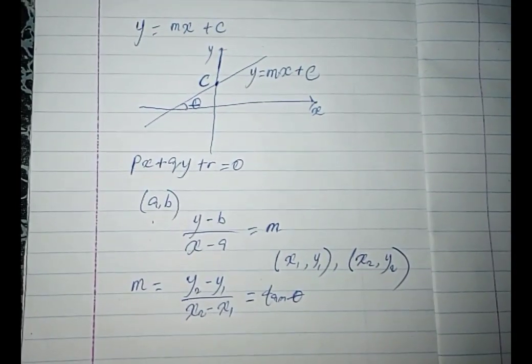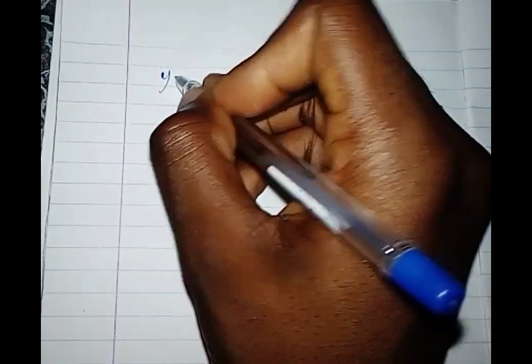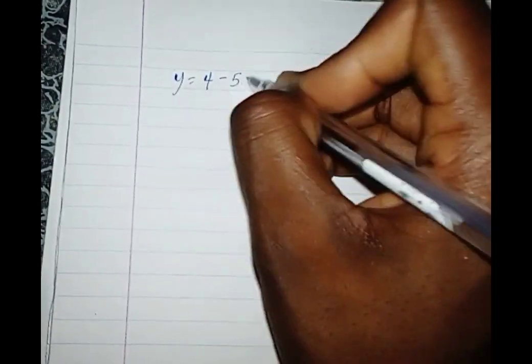So we go into questions. Question 1. We have to find the gradient of the line y equals 4 minus 5x.